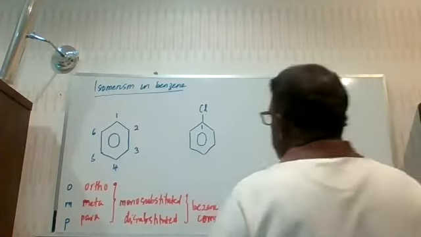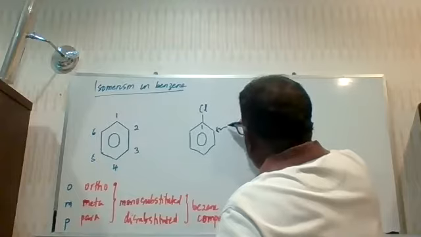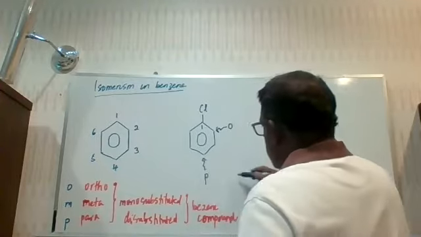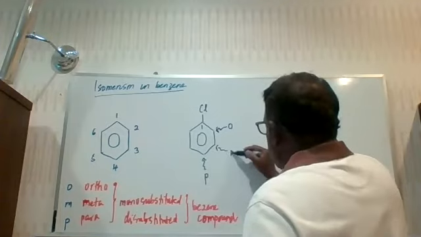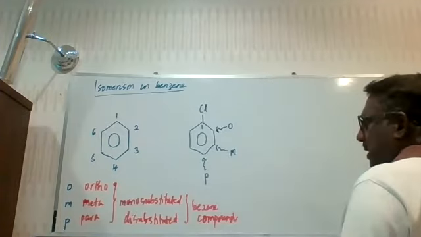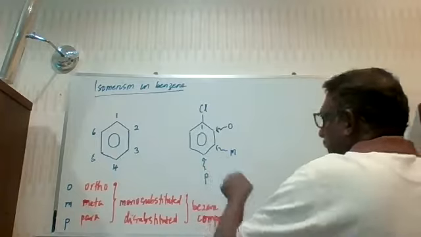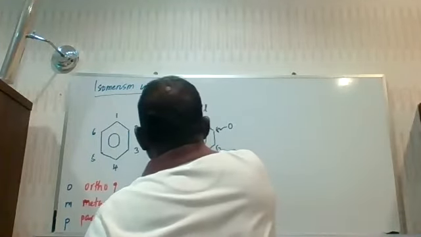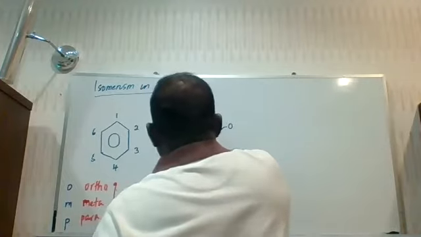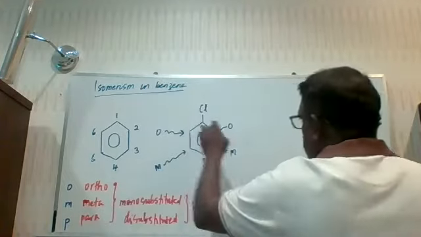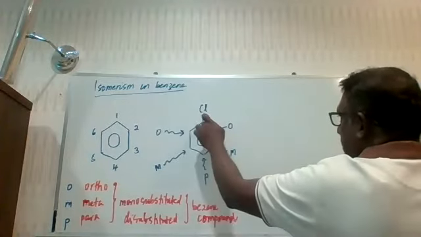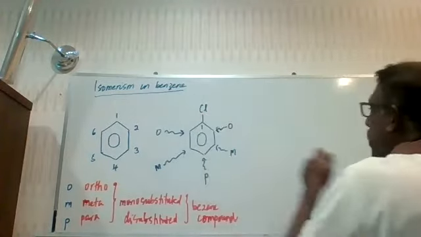For monosubstituted benzene, this position is the ortho position, that position is the para position, and that position is the meta position. This is also the meta position, and this is also the ortho position. So we have ortho positions on 2 sides, meta positions on 2 sides, and para position 1, because the other para position has already been occupied.